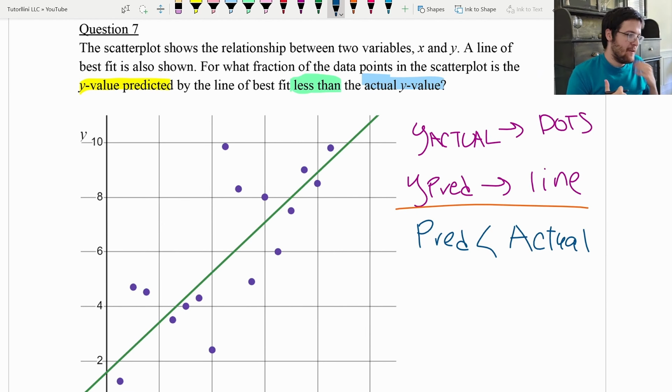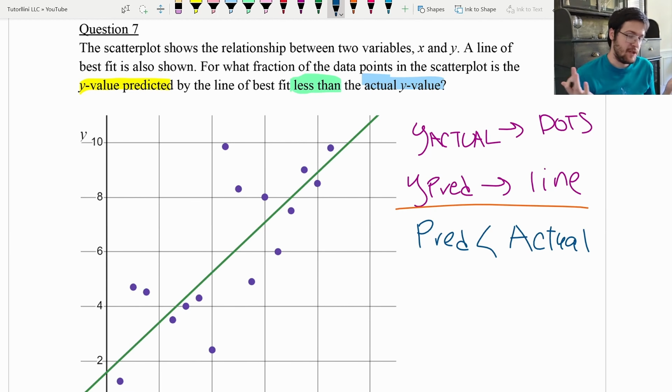So we're going to be counting dots. So this inequality will make way more sense if you flip the inequality around, okay? So I would always try, you don't always have to do that. Sometimes they give you actual on the left-hand side, but you see for this one, actual is not on the left-hand side. You want this inequality in terms of actual.